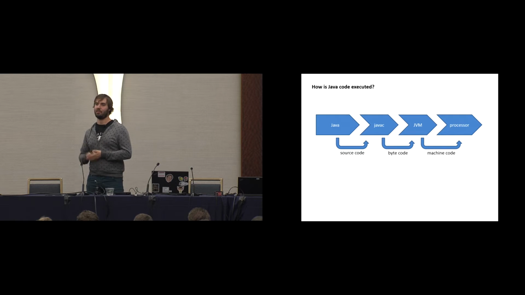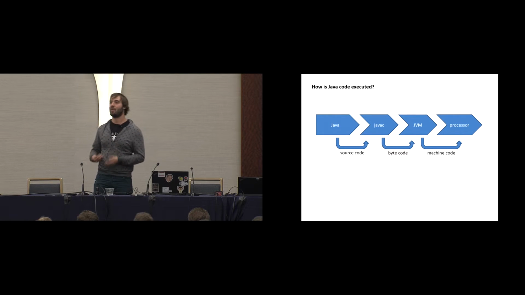Tail call optimization is an example. The JVM doesn't support resolving recursive loops, right? This is a very functional concept, so you have to basically translate this because the JVM doesn't know how to do it, so it's the responsibility of the Scala compiler to do that, right?